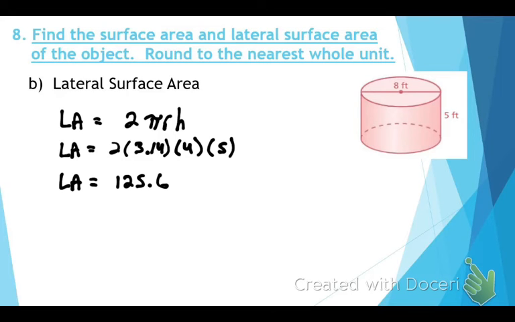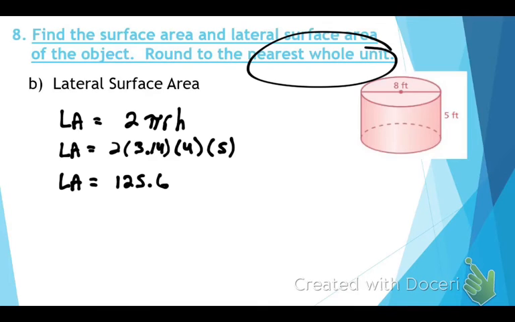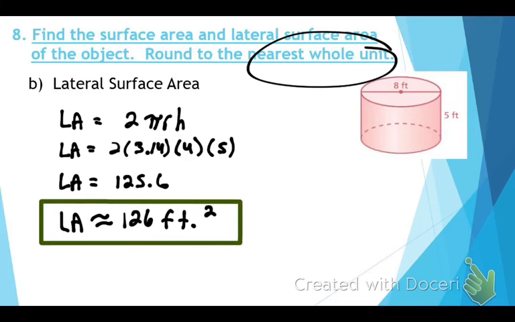Good job. Now the only difference is, once again, we are going to want to round to the nearest whole unit. That's what we didn't do on problem A. So let's round that. What do you get, guys? Okay, and when you round it, you find that your answer is 126 feet squared.